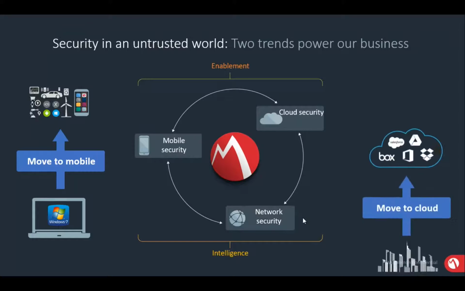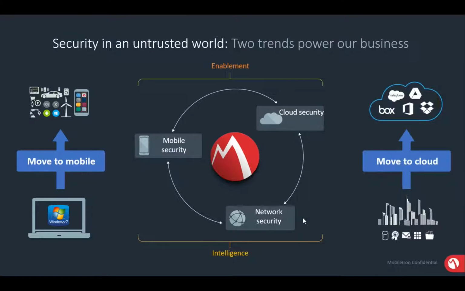Traditionally, people started using laptops or desktops to access their corporate resources, and then started moving to mobile devices. Similarly, the infrastructure they have in on-prem data centers is also moving to the cloud.